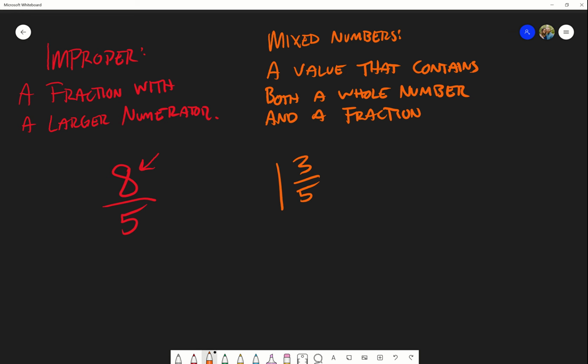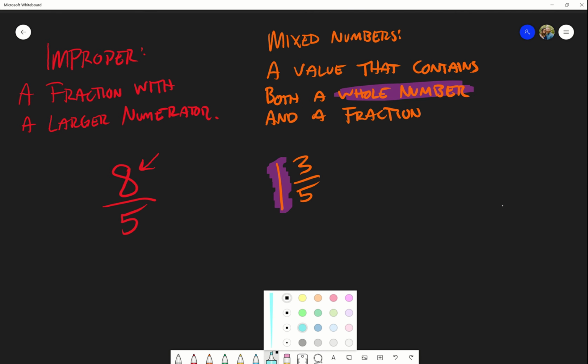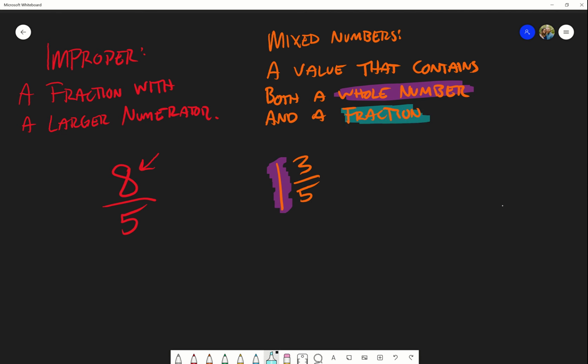This would be an example of a mixed number because it contains a whole number right here and a fraction. Whole number and a fraction are both contained in this, and so this is an example of a mixed number.